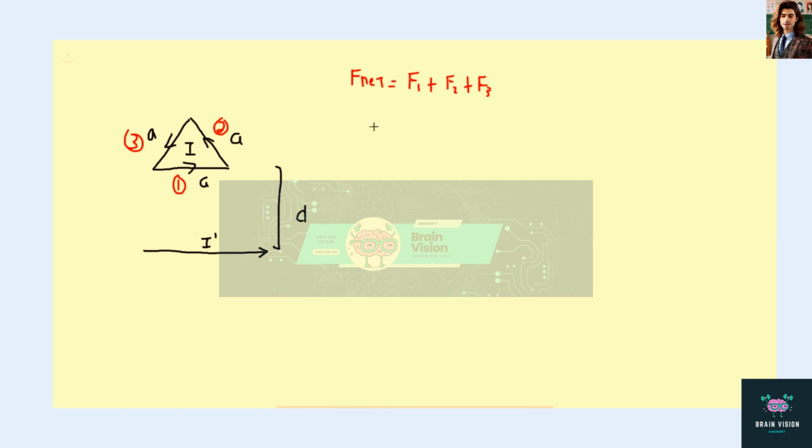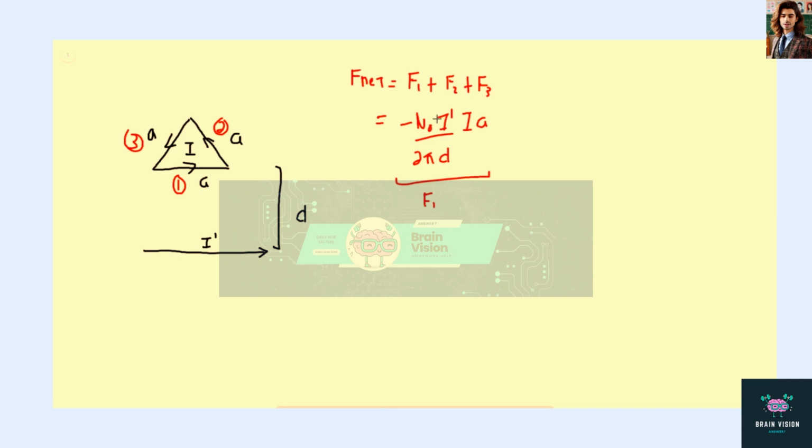So this force is just going to be negative, and then the magnetic field produced by this wire is mu naught I prime over 2 pi times the distance, so that's d, and then just times the current here, I, and the length that it's carrying over, a. So this is all F1.